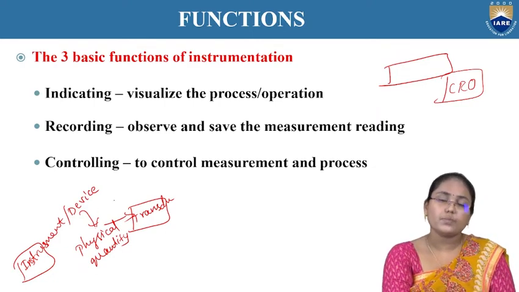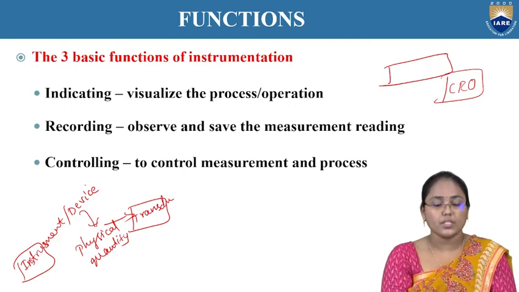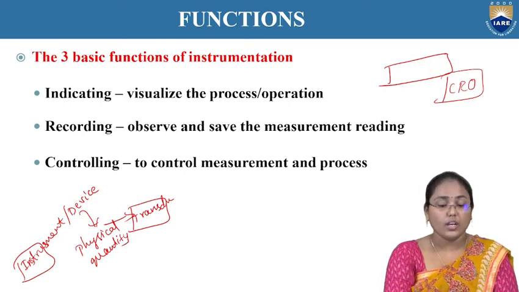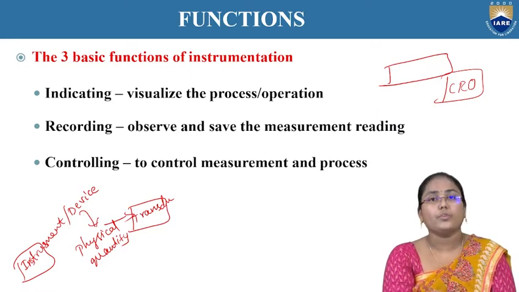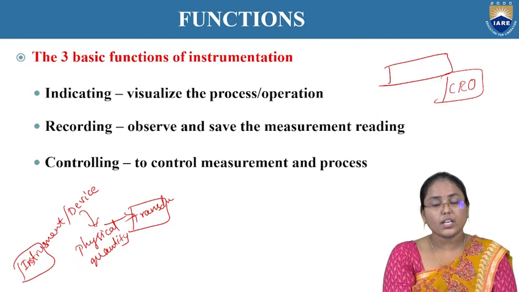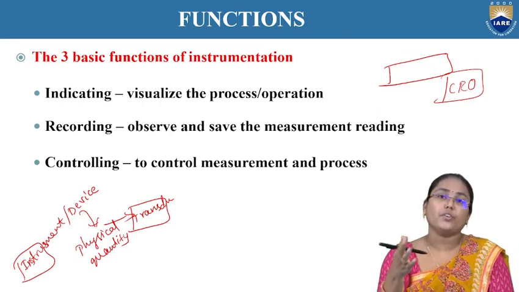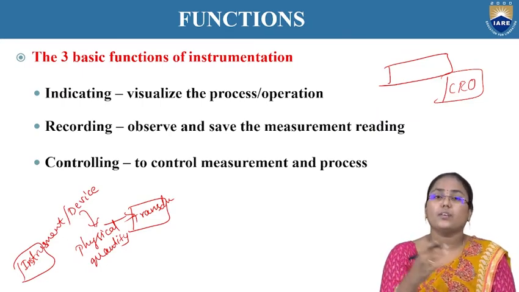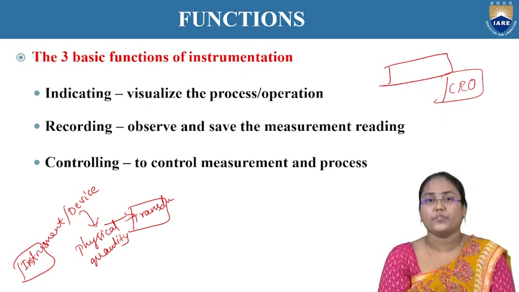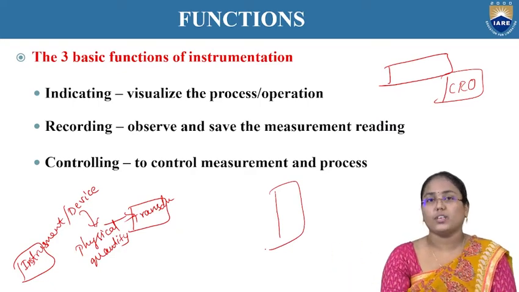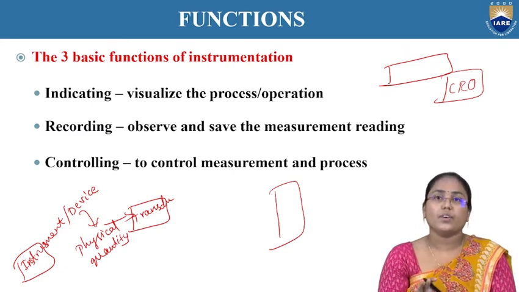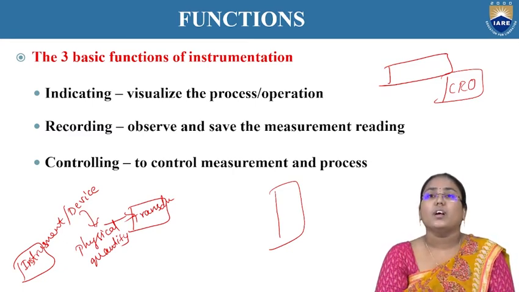Whenever this device gives some outputs, from time to time they might vary, or the input to the device can also vary, and with respect to that input, the output will also vary. So the physical quantities can be varying. If we are able to record such variations, then the data will be useful for further processing in the measurement process. So here, for recording, we use this function of instrumentation, that is, observe and save the measurement reading.